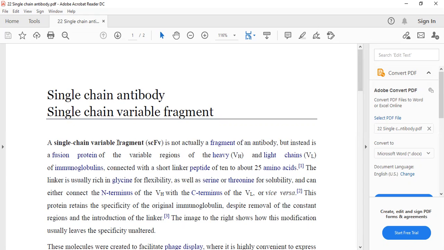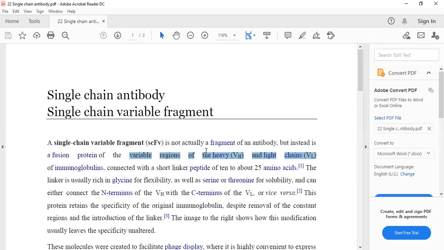An antibody has two portions, light chain and heavy chain. In the light chain there is a variable region, and in the heavy chain there is a variable region. So the variable regions of the light chain and the heavy chain are combined and fused for the preparation of a single chain antibody.